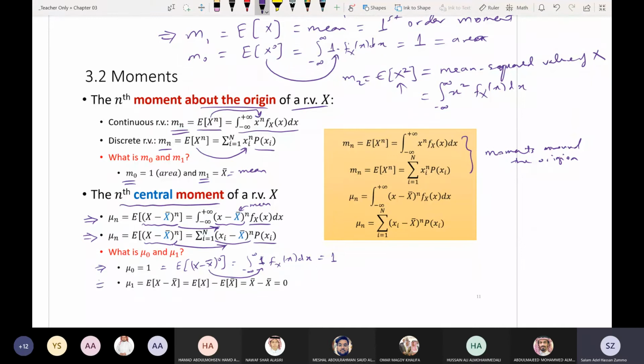What about mu1? Mu1 is the expected value of x minus x bar, which is the mean, to the power 1. So we just remove the parenthesis.